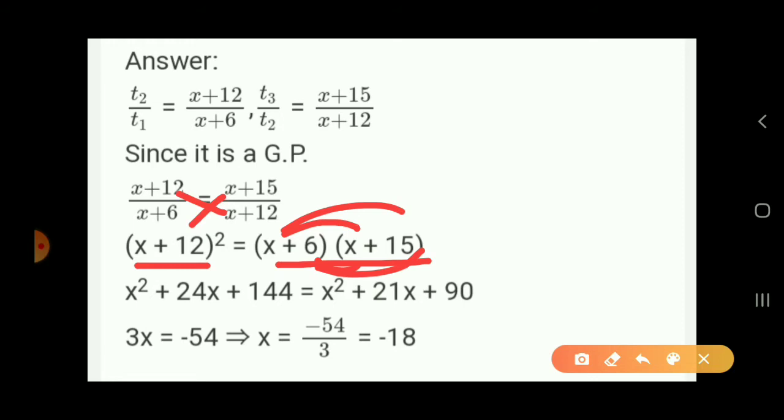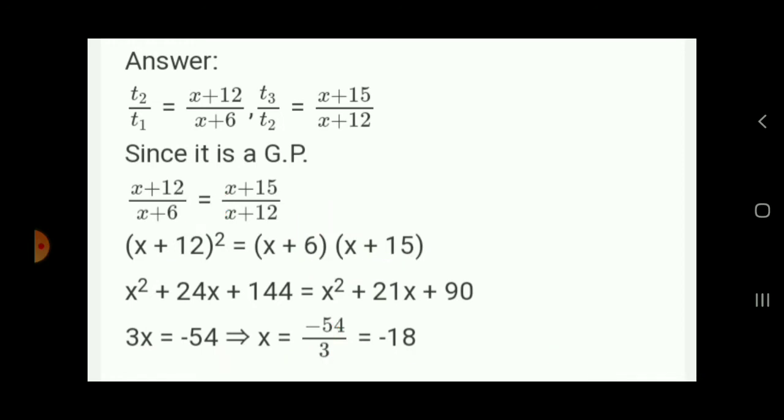Arranging, we get 3x equals minus 54, so x equals minus 54 by 3, which cancels to minus 18. So this is the x value, and this is the fourth one.